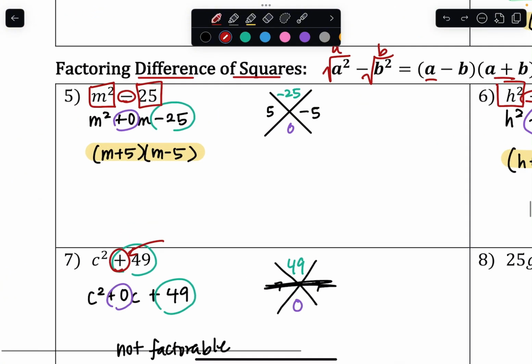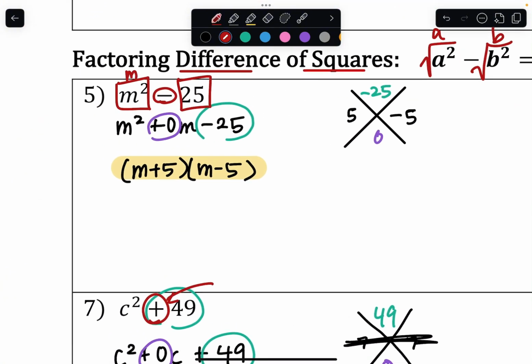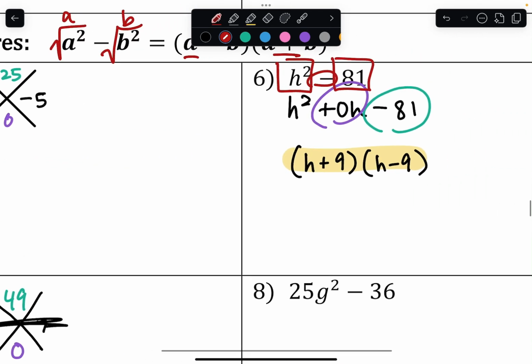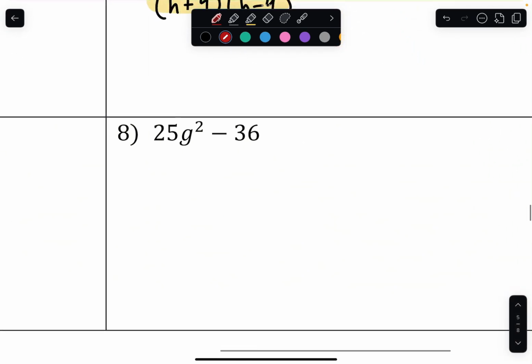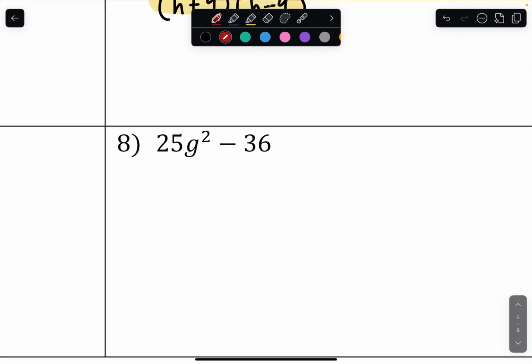Okay, and so in this example, if we square root the first, we get m, square root the last, we get 5, one with the plus, one with the minus. Square root the first, we get h, square root the last, we get 9, one with the plus, one with the minus. And so that's really gonna help us here because a isn't 1.